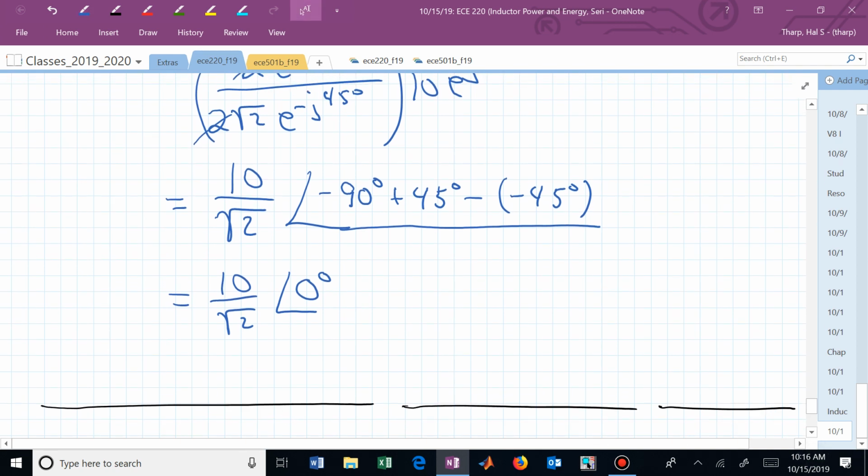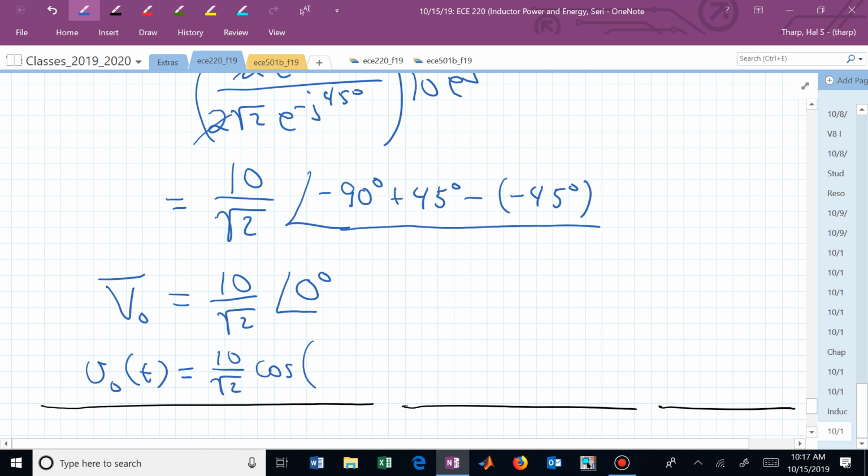And now we can go back. This was v sub 0 bar. We can now rewrite that in the time domain with our inverse phasor transform. We take the magnitude, which is 10 over the square root of 2. We've agreed that we're playing with cosines.